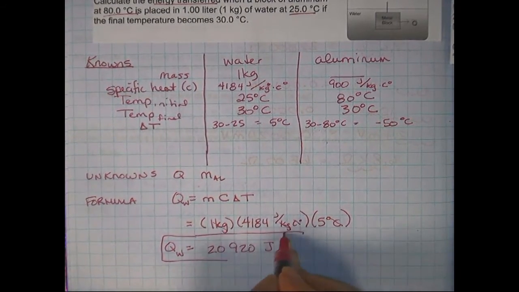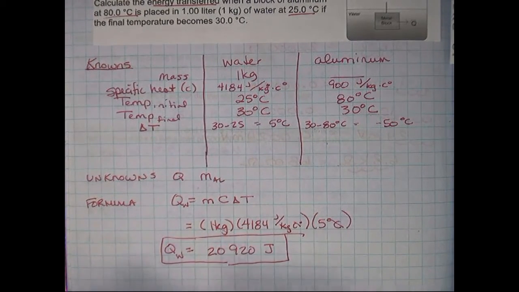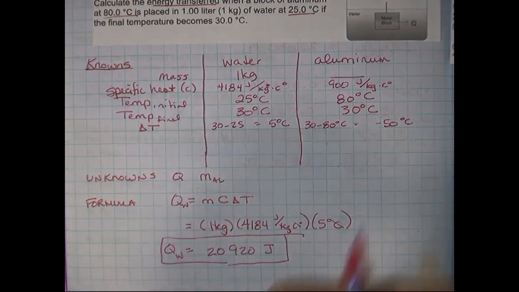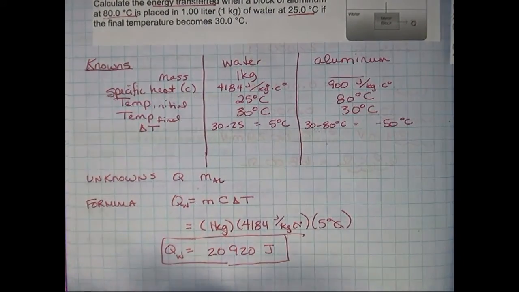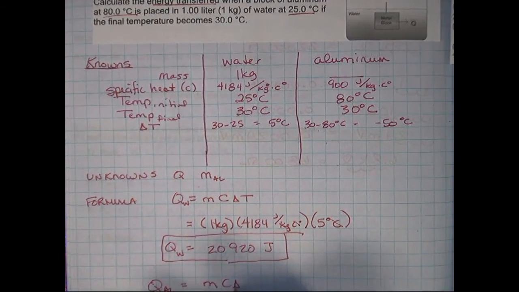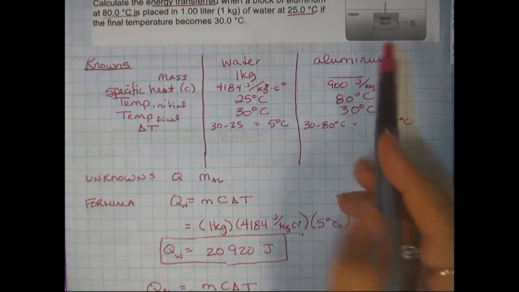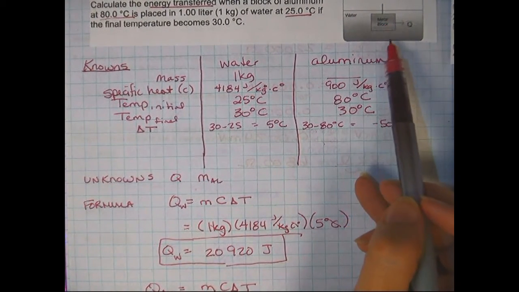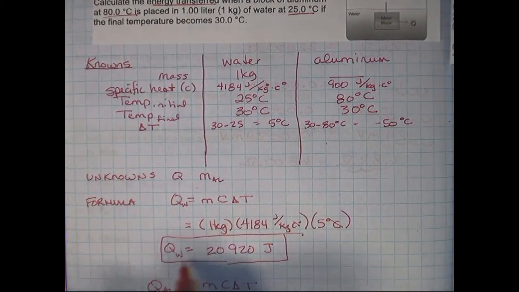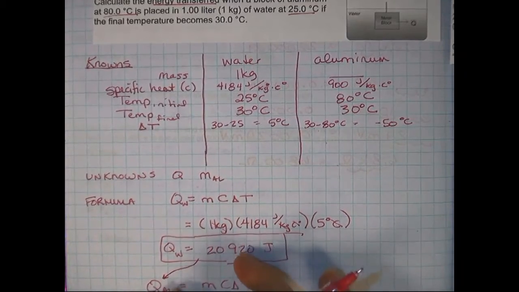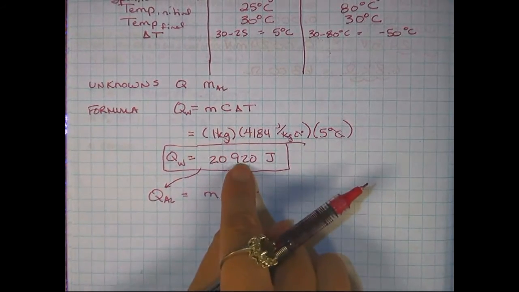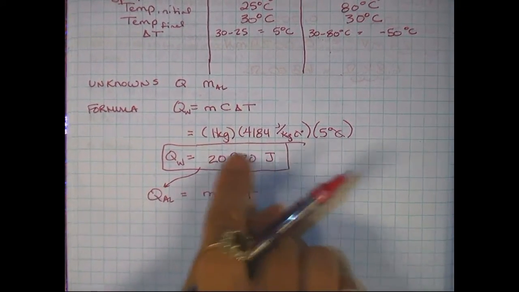We also want to calculate what the mass of aluminum was that we had in there. So what we're going to do is we're going to use the same formula, but this time we're going to use our aluminum information. So we're going to do Q of the aluminum equals mc delta T for aluminum. And I know how much heat was absorbed by the water is the same amount of heat that was lost from the aluminum. So we're going to plug this amount in here because we know these two amounts have to be equal to each other because the heat from here went to the water.